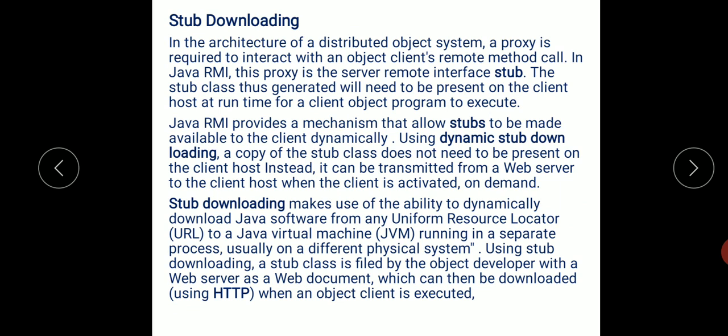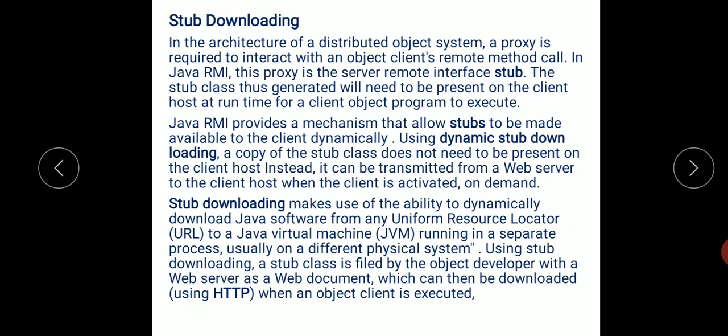See here, in the Java RMI architecture, a proxy or a stub file should be there. Already we have seen that the stub file should be on the client host. But here, the stub class need not be present on the client host at runtime for the client object program to execute.